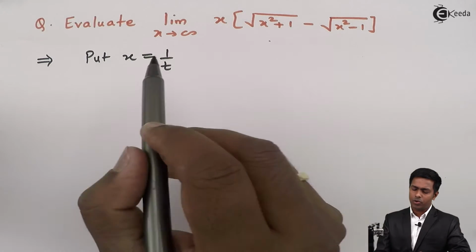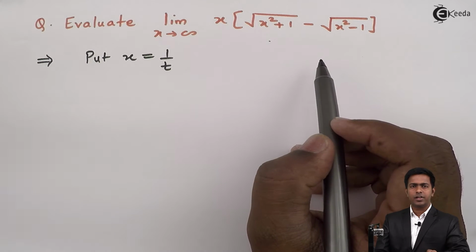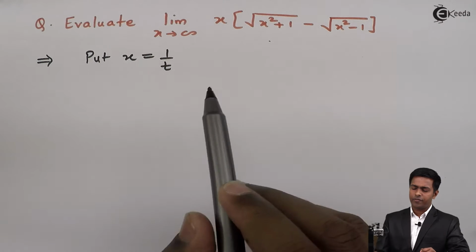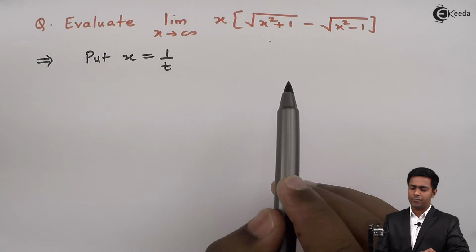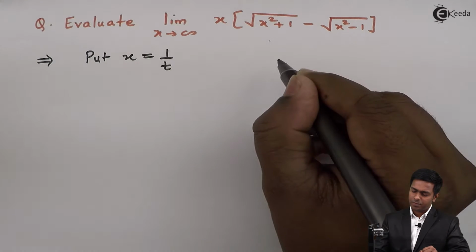When we substitute x as 1 upon t in the function, that function will shift from x domain to t domain. So whenever it shifts from x domain to t domain, we want the limit for t domain. So let us find the limit for t domain.